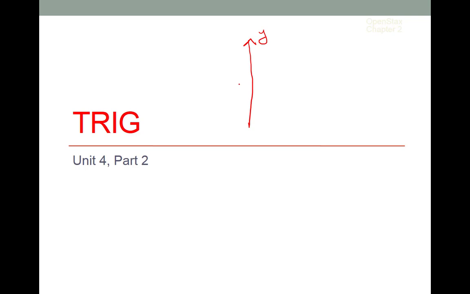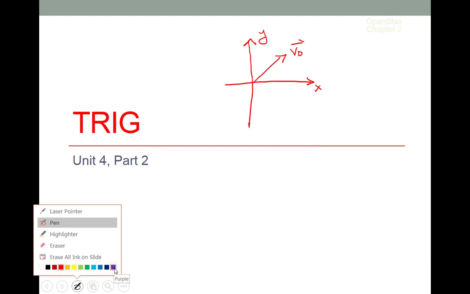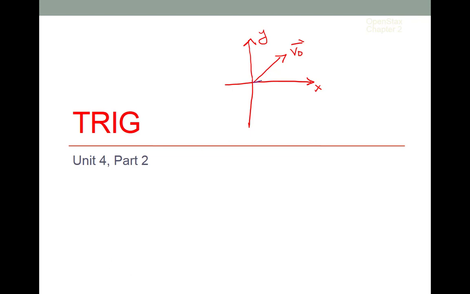Let's say we have a standard XY coordinate system, and we have a ball that is launched at some initial velocity that is not along x nor along y. Well, I can write that vector v0 as the sum of two pieces: a piece parallel to the x-axis, which I'm going to call v0x, and a piece parallel to the y-axis.